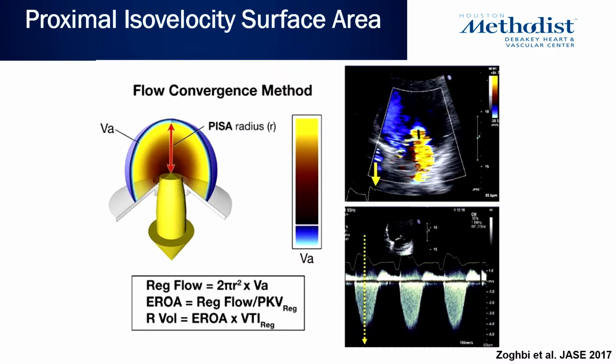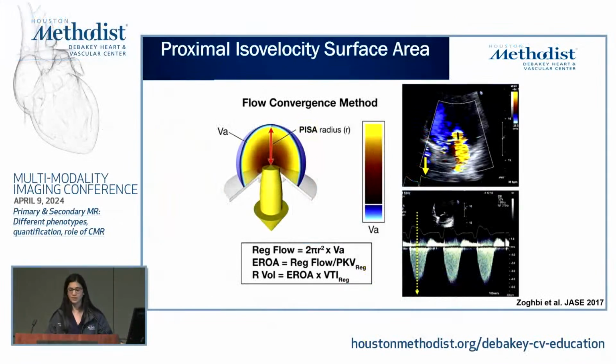Then to get your effective regurgitant orifice area, you would divide your regurgitant flow by your peak MR jet velocity. And to get your regurgitant volume, you multiply your EROA by the TVI of the regurgitant jet. So using PISA, if you have a good one that you're able to measure, you can get your regurgitant volume and you can get your EROA.